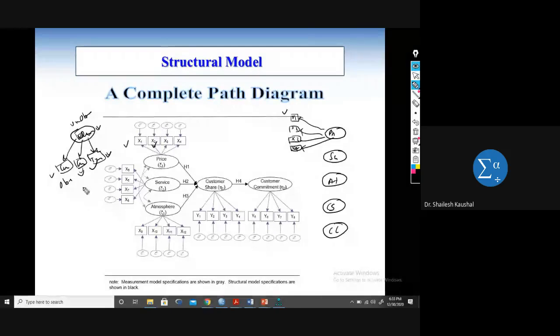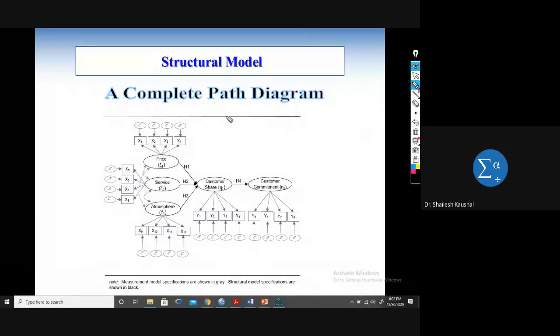And there are two types of relationship in structural equation modeling. The one is the formative measurement model, and the other is reflective. Reflective means these variables. This is the viral, simple viral. So these are the questions x1, x2, x3.